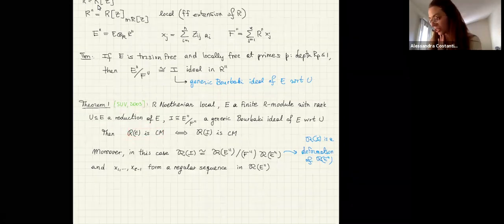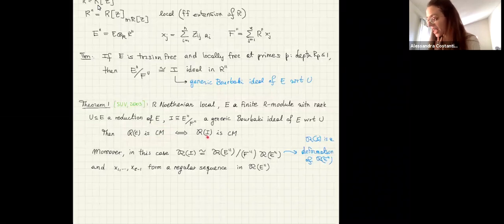This recipe is telling you, you construct a generic Bourbaki ideal, then you figure out what assumptions you need on your ideal I to be Cohen-Macaulay and for the Rees algebra to be Cohen-Macaulay, and you bring the Cohen-Macaulayness back. The problem is that it's hard to figure out what assumptions you need on the module so that the ideal I does all of that.